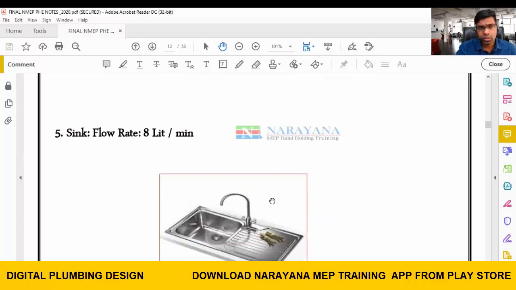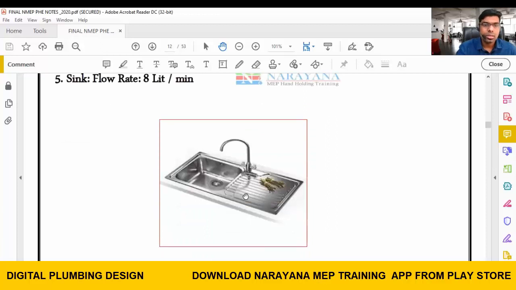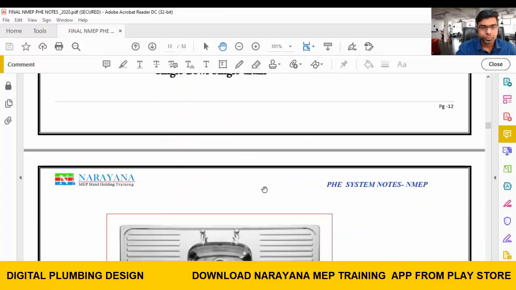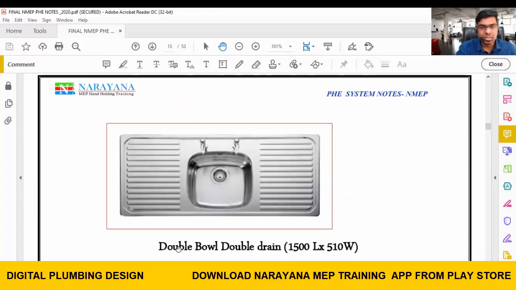And next, most commonly you find the kitchen sink. This is called single bowl, single drain bowl. We have single bowl. This image is actually wrong with respect to this text. This is single bowl with double drain bowl.